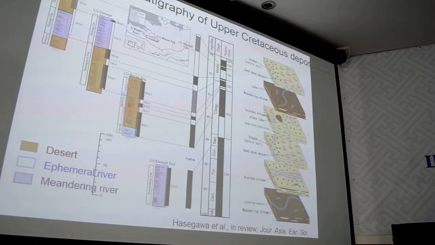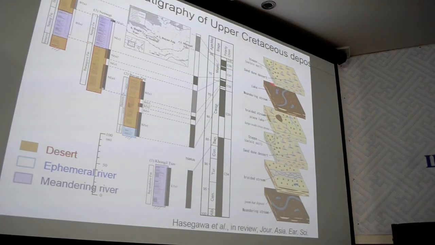I searched many of the important Mongolian Upper Cretaceous deposits, for example Bugin Tsav, Nemegt, Bayanzak, Hongetsa, Bayanshiree, and several other important Upper Cretaceous localities. And I found that the Mongolian Upper Cretaceous also experienced several environmental changes. Mainly during the Djadokhta and Barun Goyot formation time, very dry desert environments were widespread.